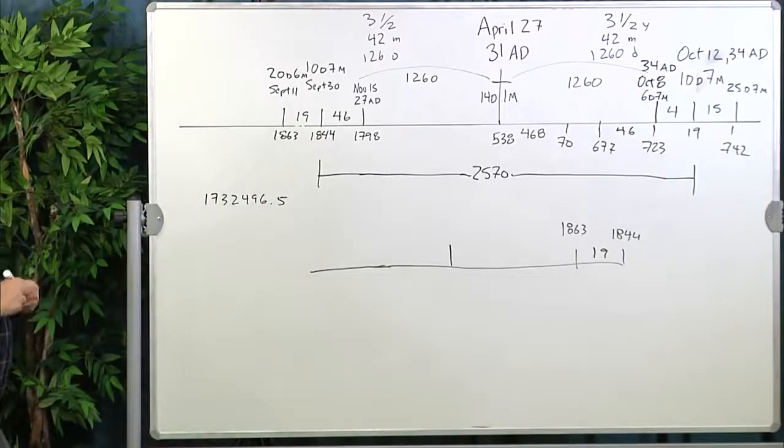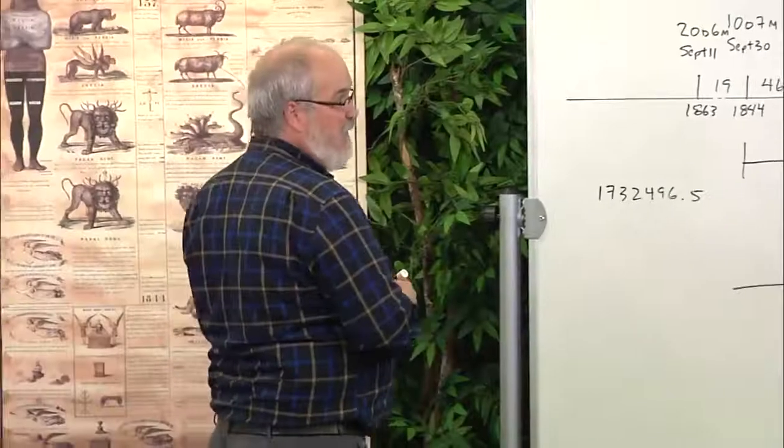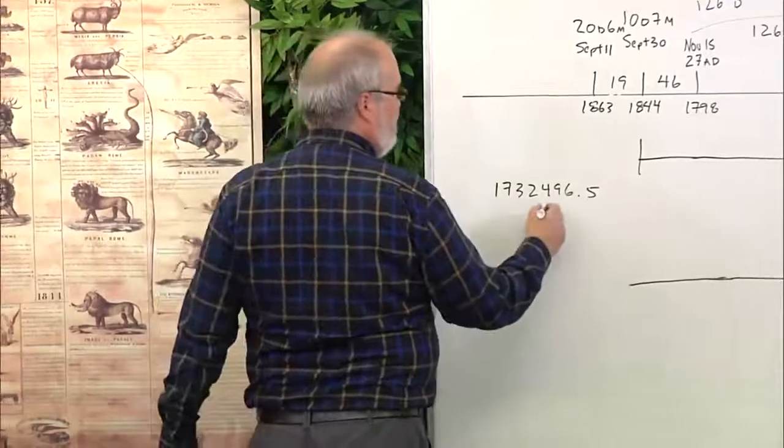And then if I want to go to 70 AD, I would have to add 468.